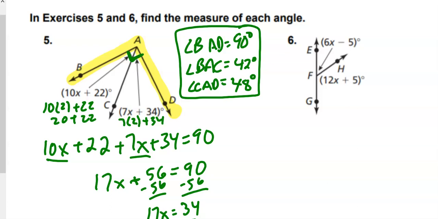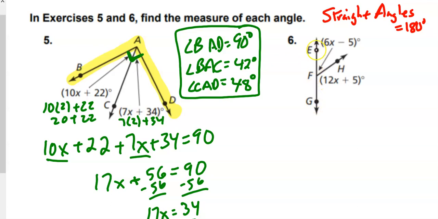Okay? So then, on number 6, we have no markings. We don't have a right angle marked. But there's certain things we can assume from diagrams, and we're actually going to talk about that next. One thing we can assume from diagrams are straight angles. And straight angles are 180 degrees.